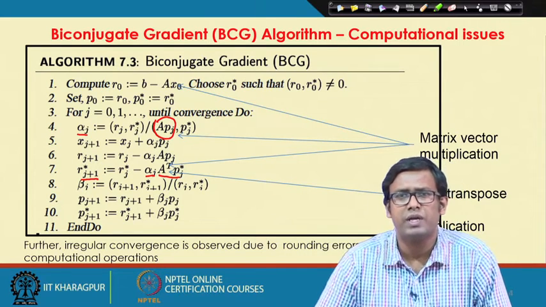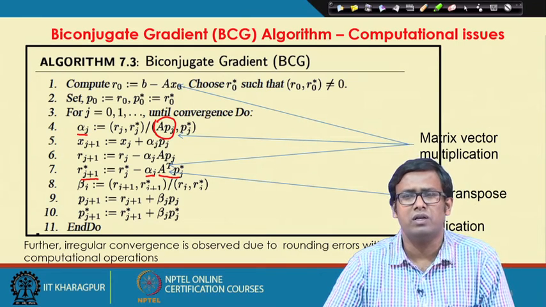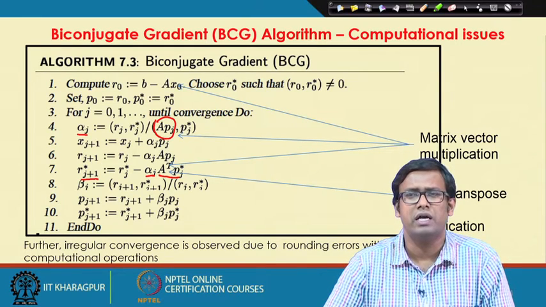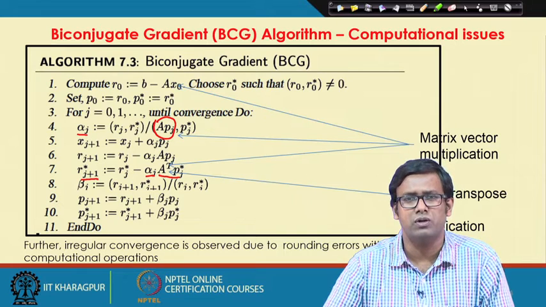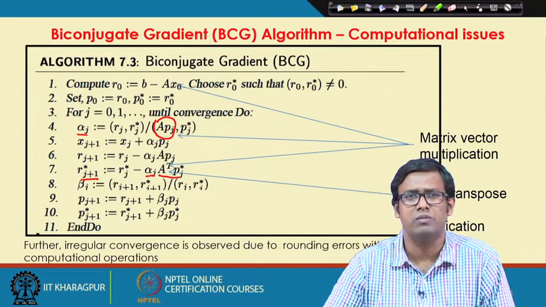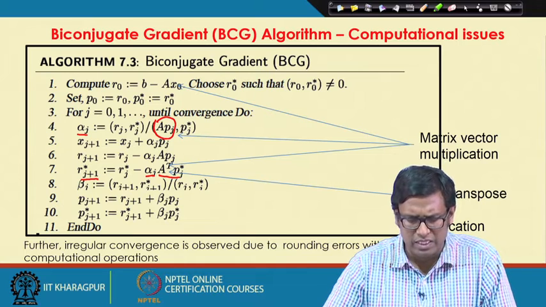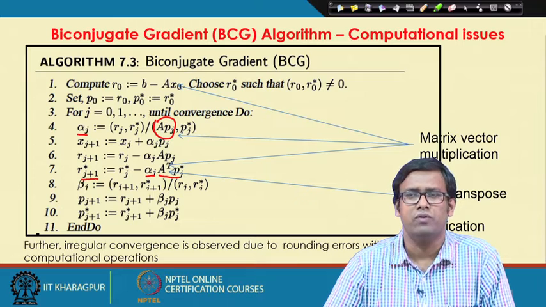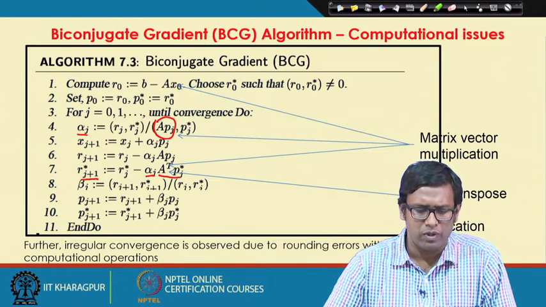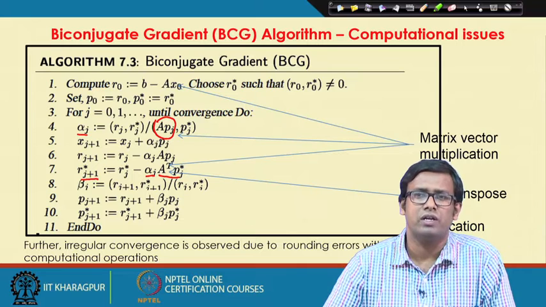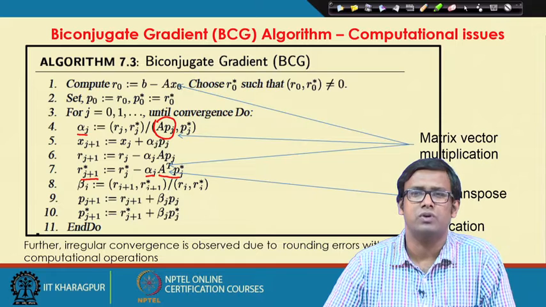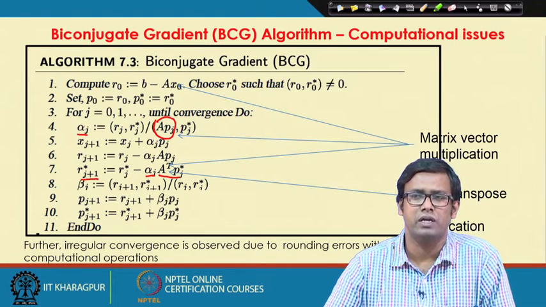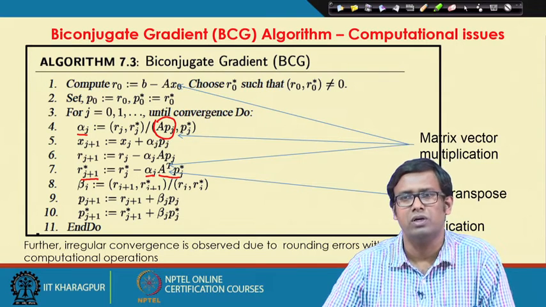These things make the results of this method look a little more complex, and we see that there is an oscillation in the residual when it is converging to a small value. And if there is a high round-off error, this oscillation sometimes does not converge to the right result, and sometimes this round-off error builds up and blows up the entire calculation, it does not converge or it converges to a wrong result.